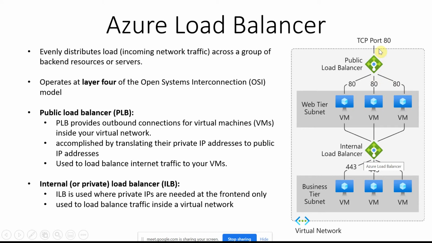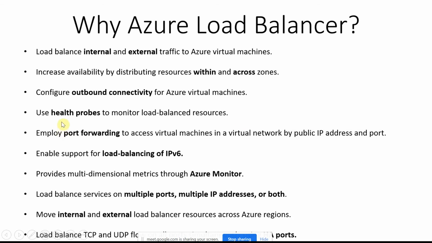At any given time when a new load comes, it needs to know the status of that VM. Is it alive or is it not reachable? Using the health probe, it keeps monitoring the health of these VMs.